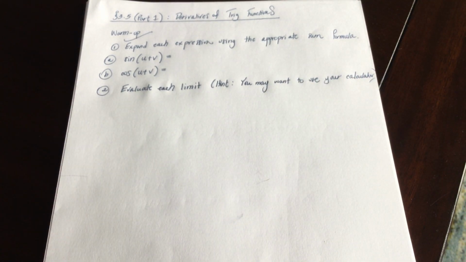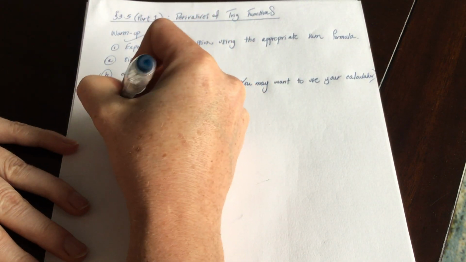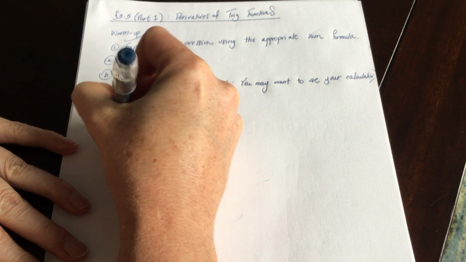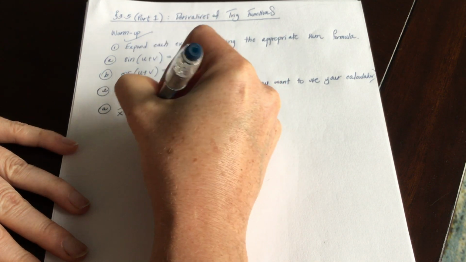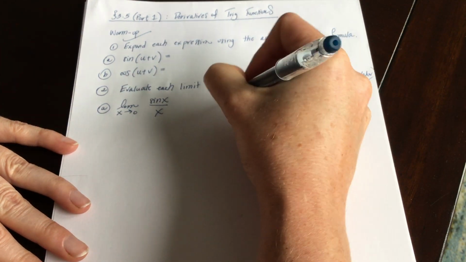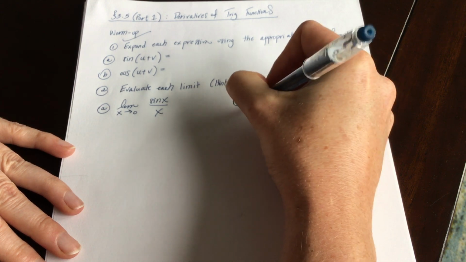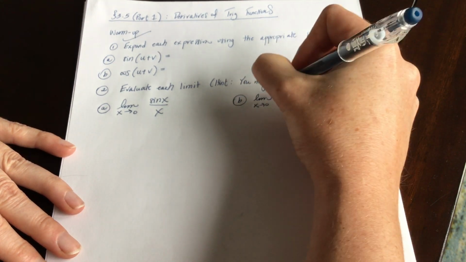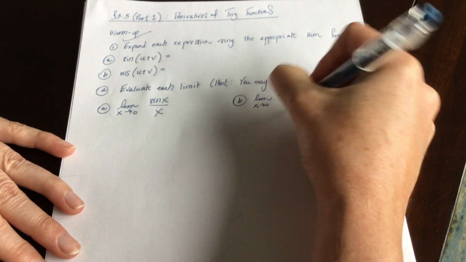So for part A here, we'll do the limit as x approaches 0 of sine of x over x. And then for part B, let's have you look at the limit as x approaches 0 of cosine of x minus 1 over x.